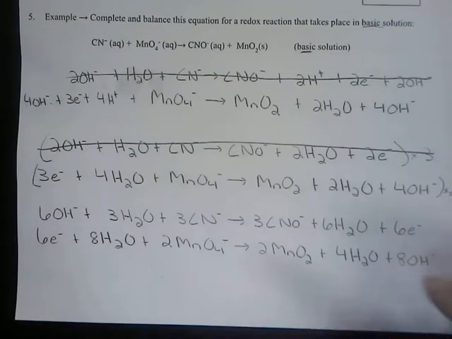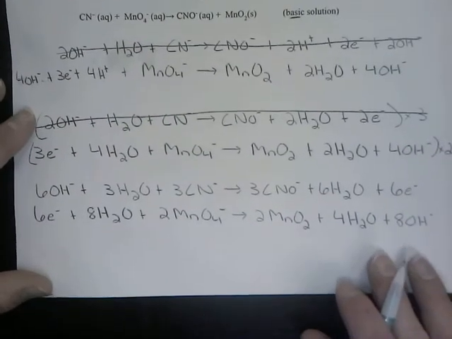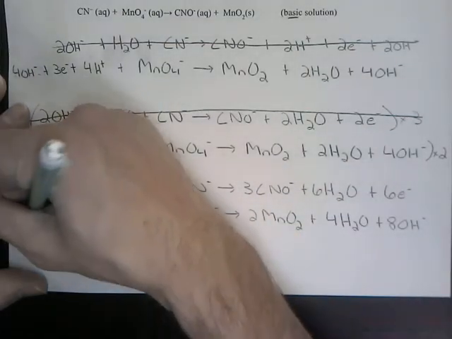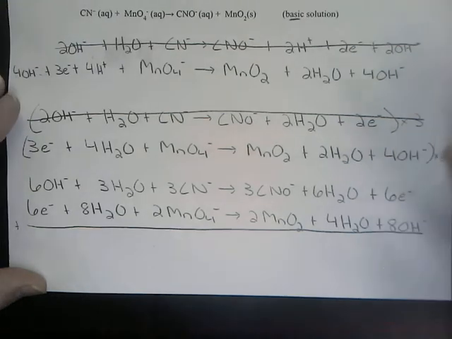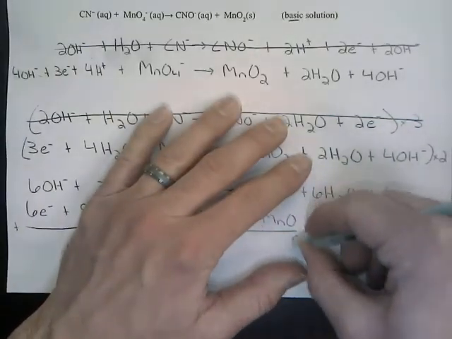All right, so we've got a lot of work. And now we need to add these together. Our final step here, we need to add these two together. And I'm going to rewrite that.